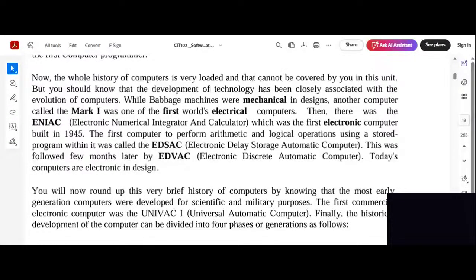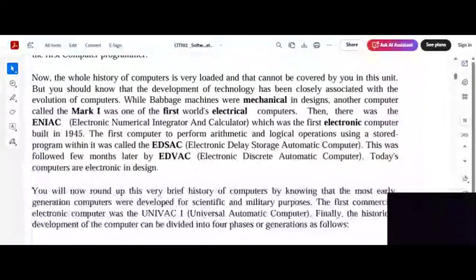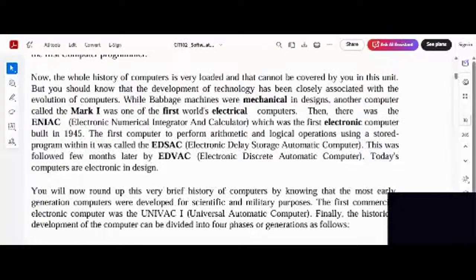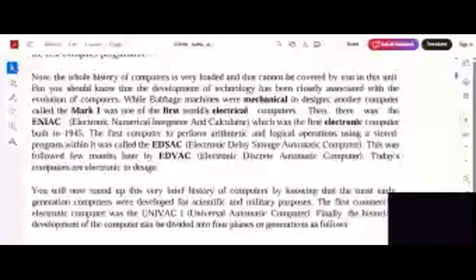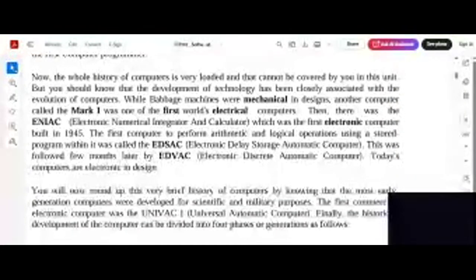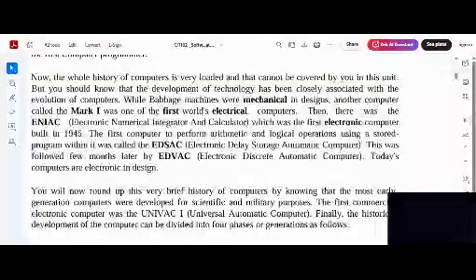So far, so good. What we're talking about is who is accredited as the father of computers. And then the first computer programmer, who was a female, was Ada Augusta Byron. Right before Charles Babbage, we had the Abacus, which was a form of computer then. But it was basically used for just calculation of logarithm tables and then to print the result.